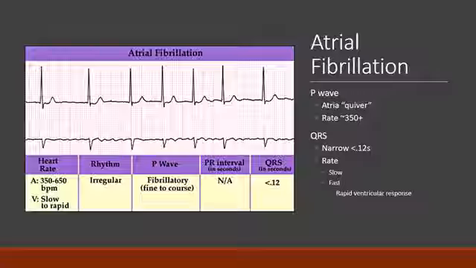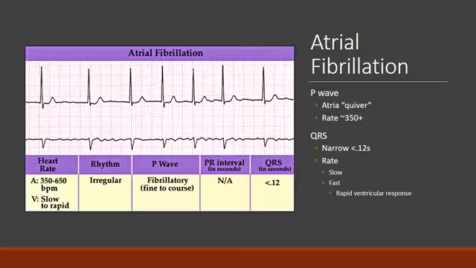Now you can see that the AV node is still intact, and the AV node is essentially what is preventing that rapid rate of depolarization from being able to trigger the same rapid response in the ventricles. So with this, you can see either a slow or a fast rate, depending on whether or not the AV node can keep up and act as the gatekeeper.